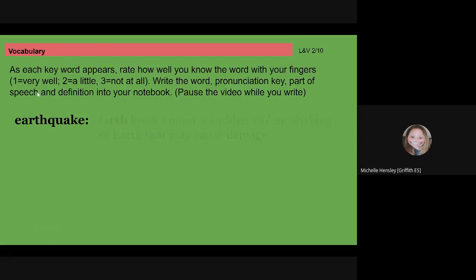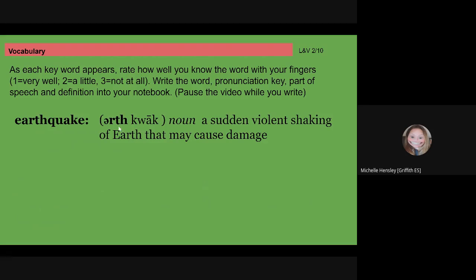Earthquake. An earthquake, there's the pronunciation key, earthquake, 2 syllables. It's a compound word, by the way. You'll be seeing that more next week. Earth is where the emphasis is, quake. It's a noun, right? A person, place, or thing. And it means a sudden, violent shaking of earth that may cause damage, right?